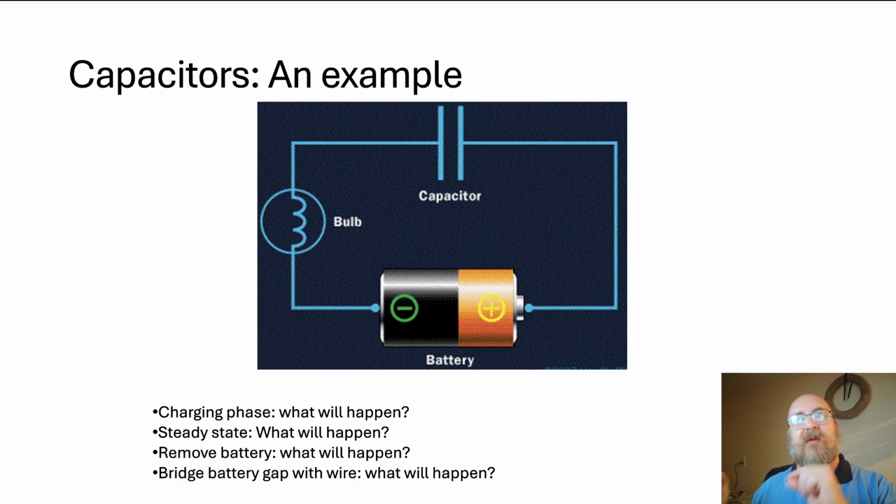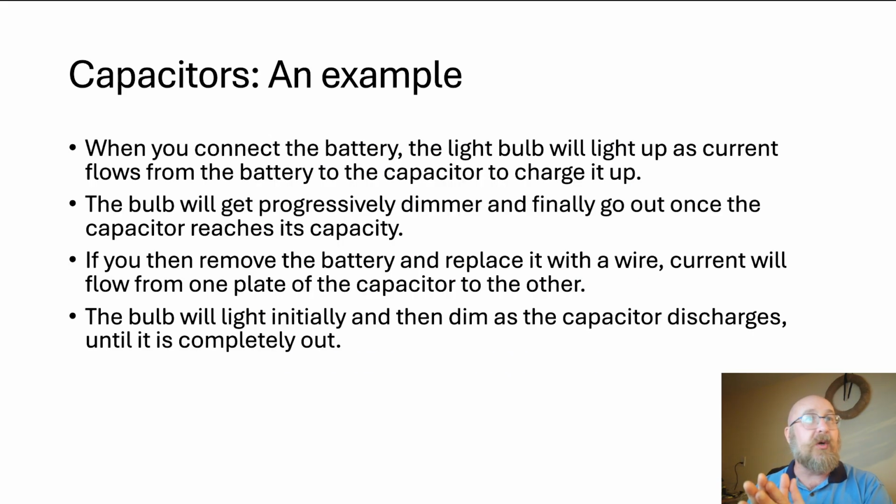But if we bridge the wires between where the battery stood, then current will flow in the opposite direction. And so the light will come back on and fade out until the capacitor is fully discharged. The following slide just contains the words explaining what I just explained, so you can look at that in your own time.